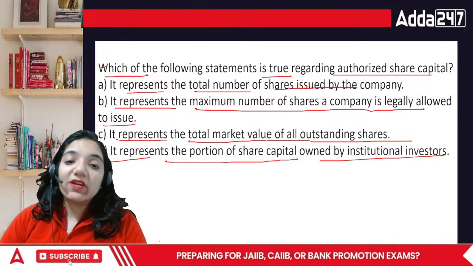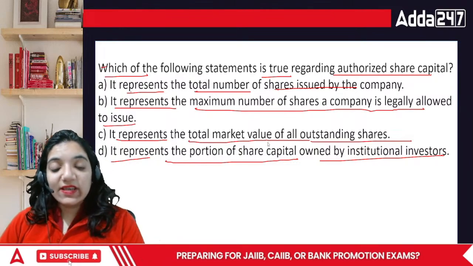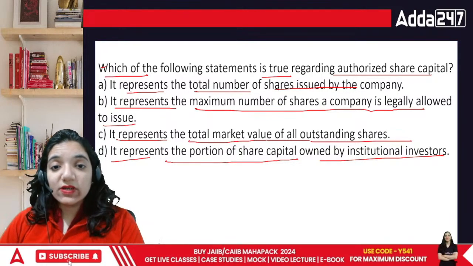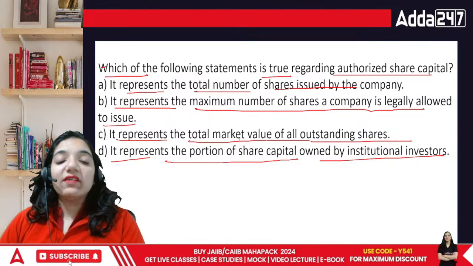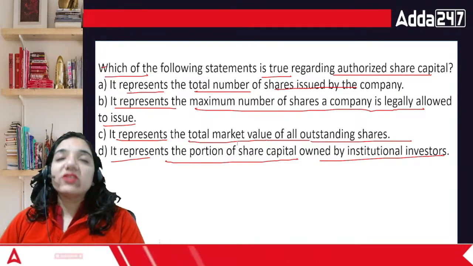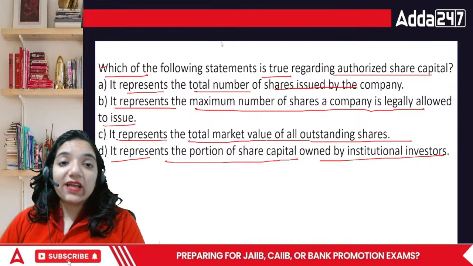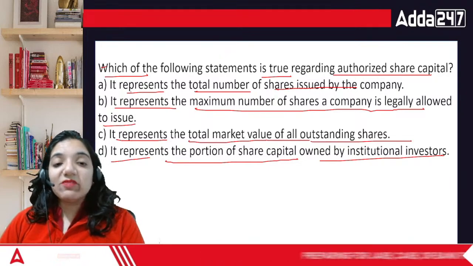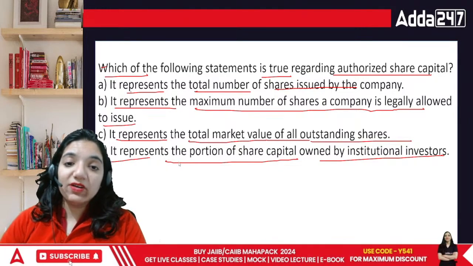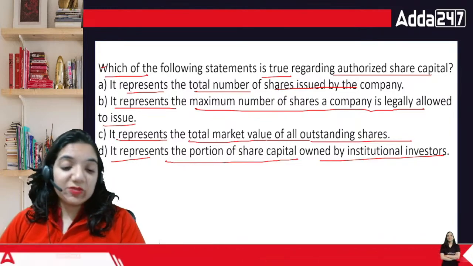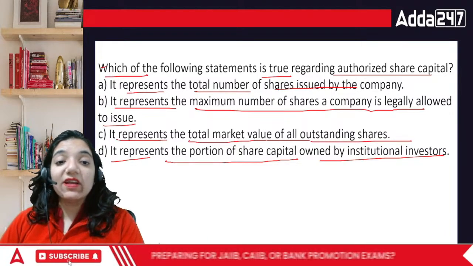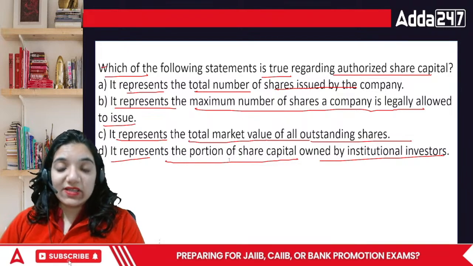That is why we call it authorized. The other name of authorized is the registered capital, also called the nominal capital. This is the maximum that we are allowed to raise in an organization.